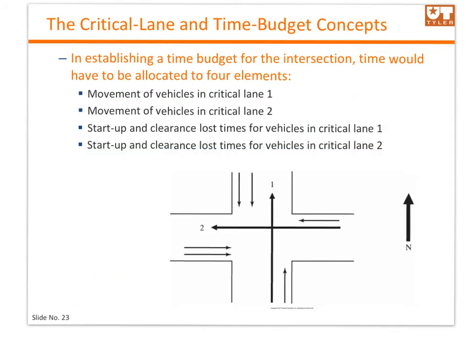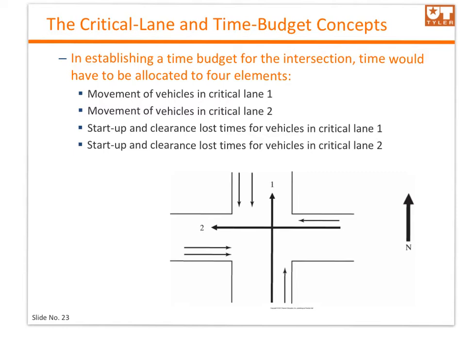So while we're trying to establish the time budget for the intersection, time would have to be allocated to 4 elements. First, movements of vehicles in critical lane 1, movements of vehicles in critical lane 2, and also we need to consider the startup and clearance loss time for vehicles in critical lane 1, as well as the startup and clearance loss times for vehicles in critical lane 2.